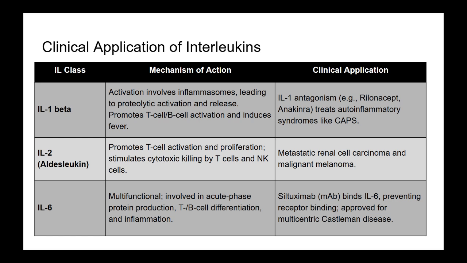The cytokines interleukin-4, interleukin-5, and interleukin-13 play important roles in the immune response. Interleukin-4 and interleukin-13 drive the proliferation and differentiation of B cells into plasma cells that secrete antibodies.